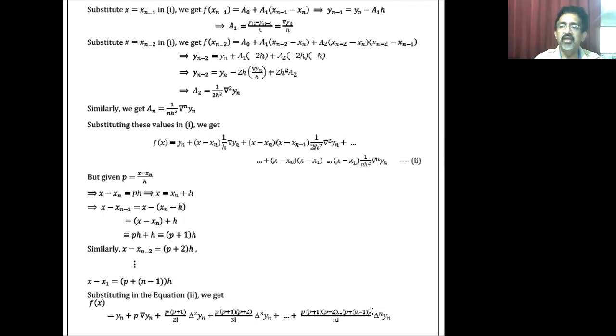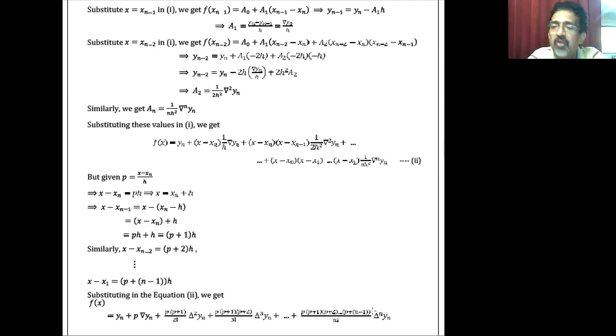So with this, I'll stop now. In today's lecture, I discussed forward difference, backward difference, how to write a forward difference table, how to write a backward difference table, what Newton's forward difference formula is, and what Newton's backward difference formula is, along with the proof.